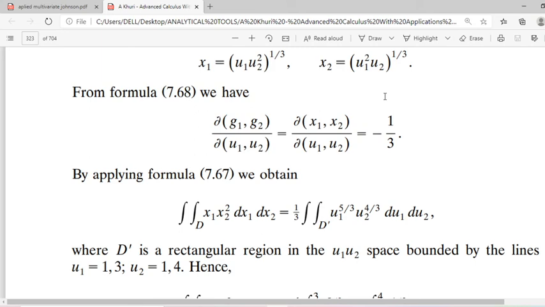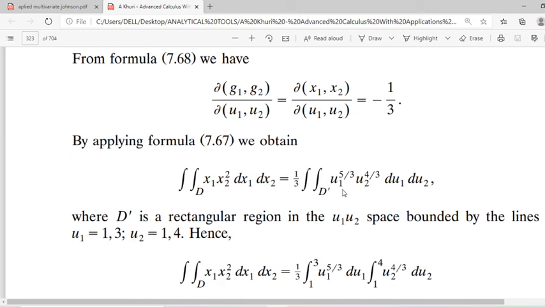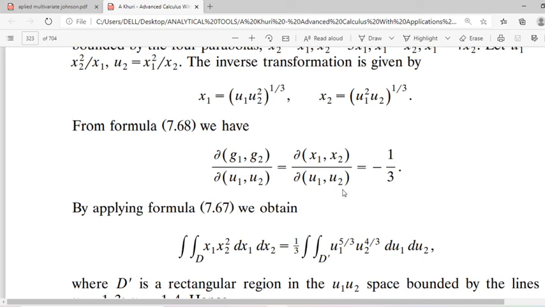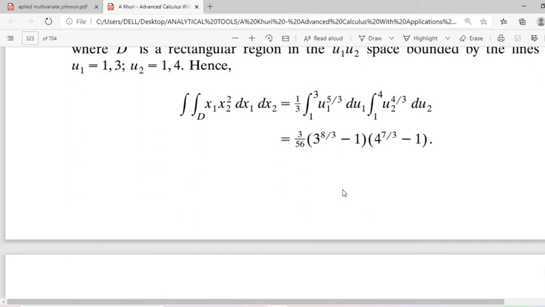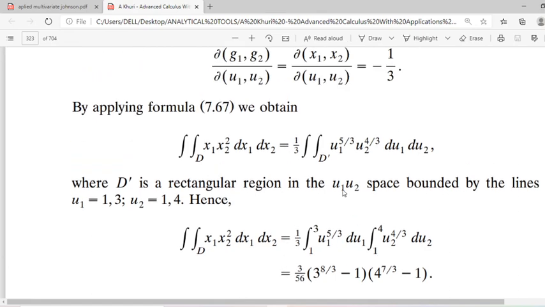Again x2 square is u1 square u2 raised to 2 by 3. So you can substitute and simplify like this, and you will get the integral du1 du2.